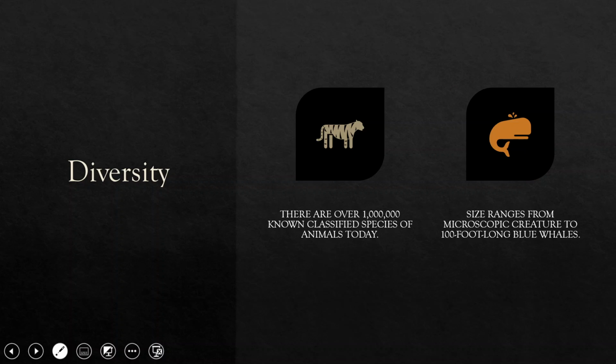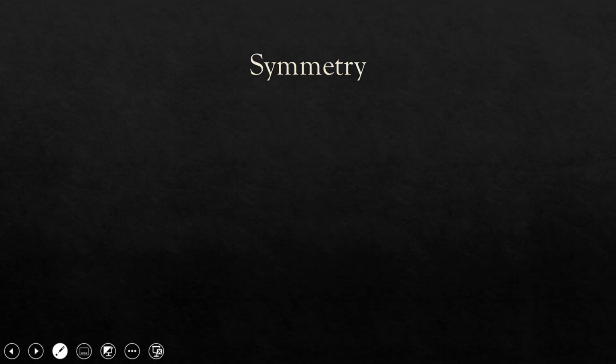So there's a lot of diversity going on here when it comes to your different animal types. And that's where we get all these different classifications for them, whether they're mammals, insects, crustaceans, arachnids. All of them are different, and all of them show God's love of diversity. Let's keep on going from here.